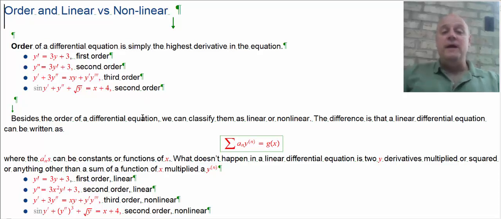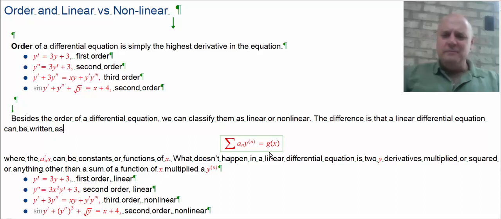The next thing to think about is whether or not an equation is linear or nonlinear. What we mean by linear and nonlinear is linear or nonlinear in terms of y. It's whether y, the dependent variable, is linear or not. A mathy way to write this: a linear equation is some weighted sum of the nth derivatives of the dependent variable equal to some function of x, the independent variable.